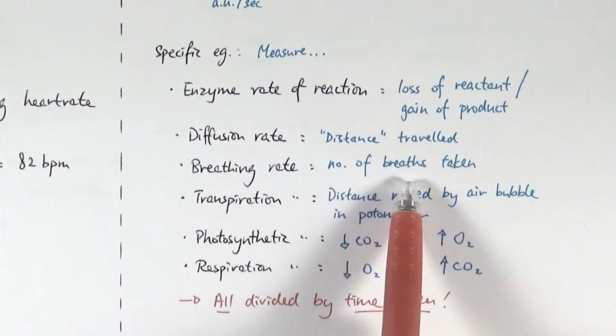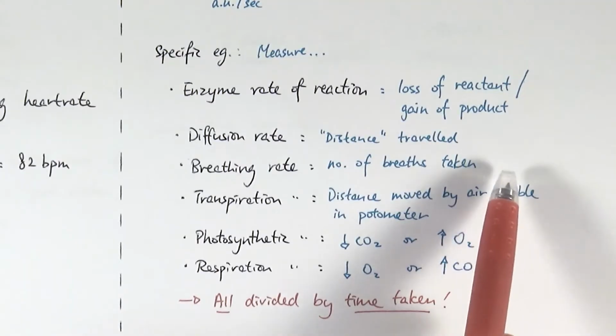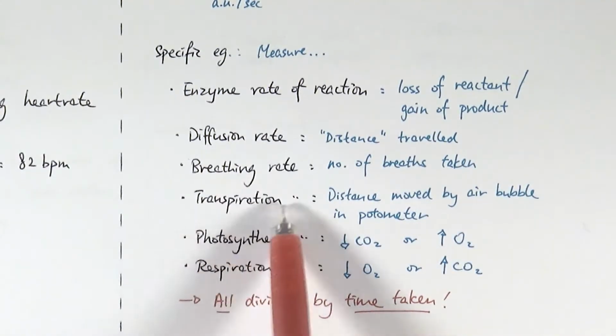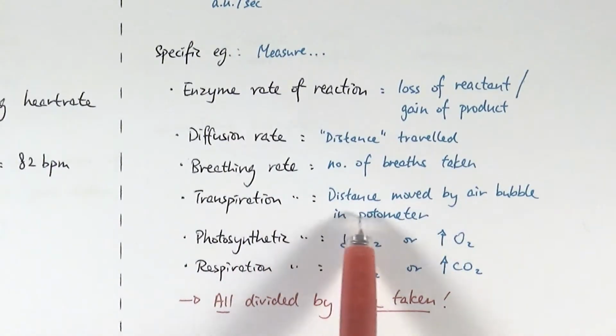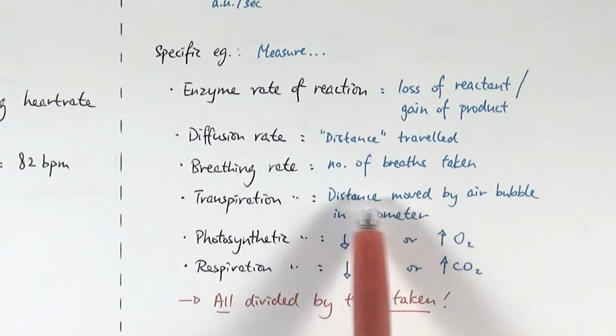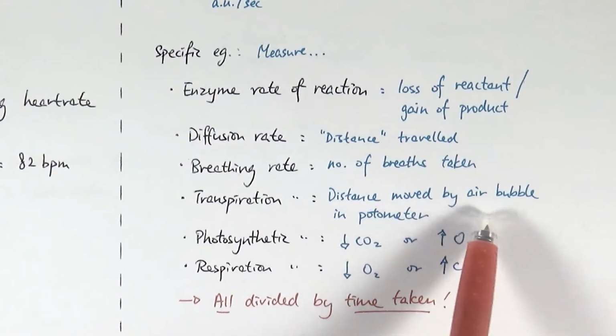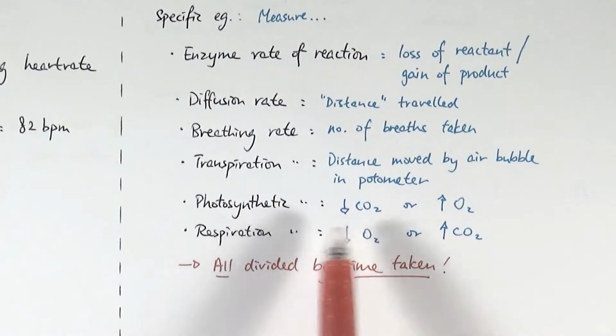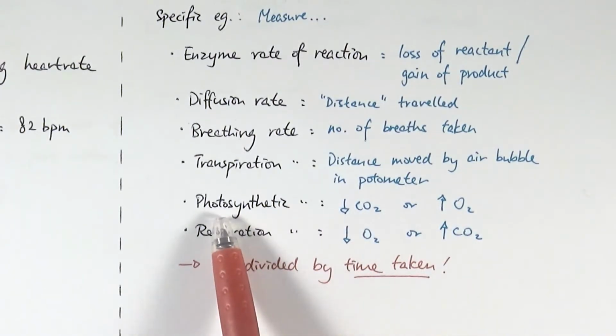If it's breathing rate, then obviously the number of breaths taken per certain amount of time. Transpiration, the loss of water vapor by evaporation, is usually set up as a potometer experiment. Then you can measure the distance moved by the air bubble in the potometer and divide it by the time taken during that movement.